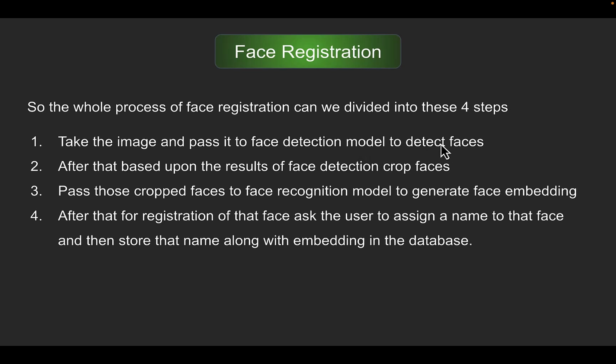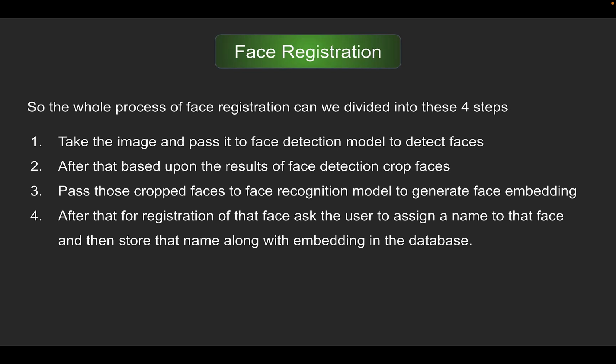After that, based upon the result of face detection, crop the face from the original image. The third step is passing those cropped faces to our face recognition model to get the face embedding. And after that, for registering the face, we ask the user to assign a name to that face, and we store that name along with the embedding in the database. And that way, our face will be registered inside our facial recognition system.